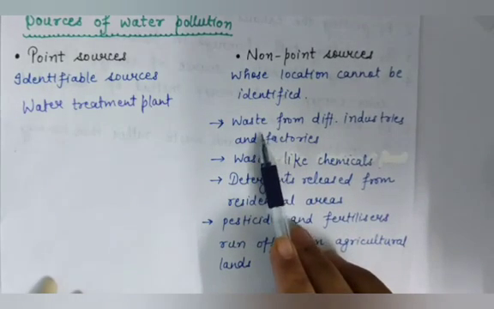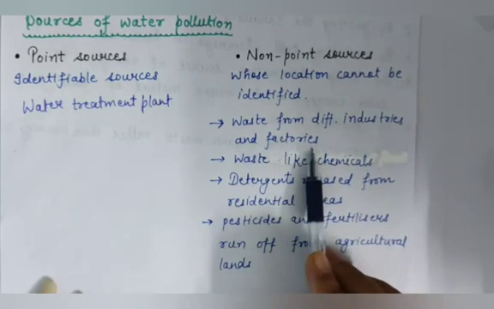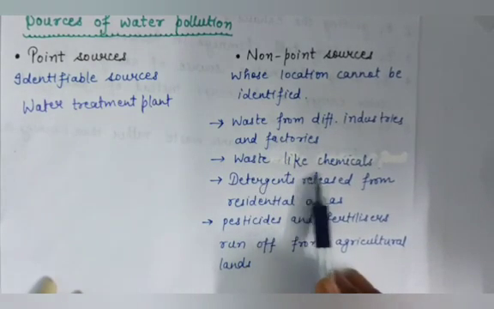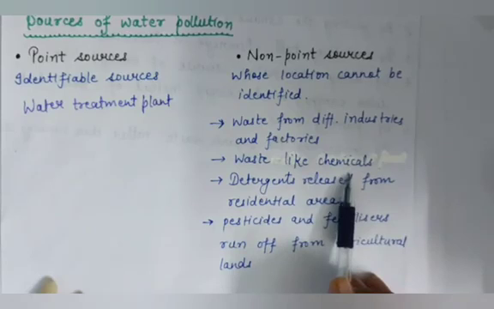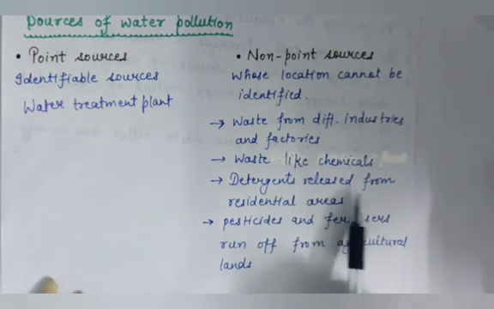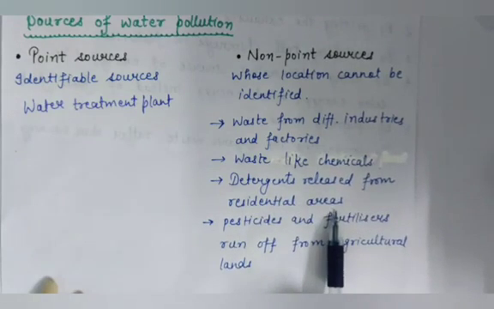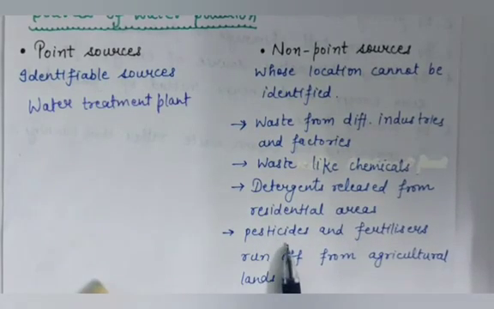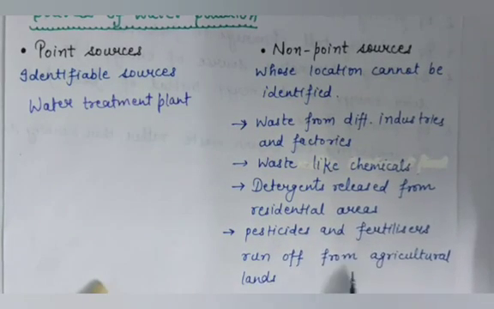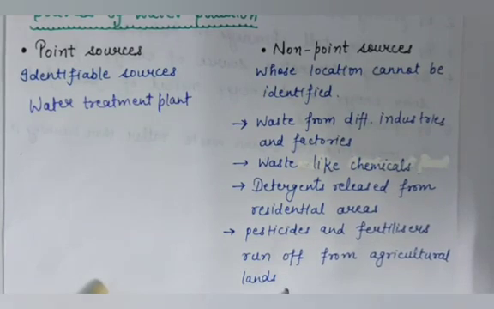For example, waste from different industries and factories, like chemicals, drugs and paints, is discharged to nearby water bodies, polluting them, and detergents released from residential areas. Also pesticides and fertilizers runoff from agricultural land is an example of non-point sources.